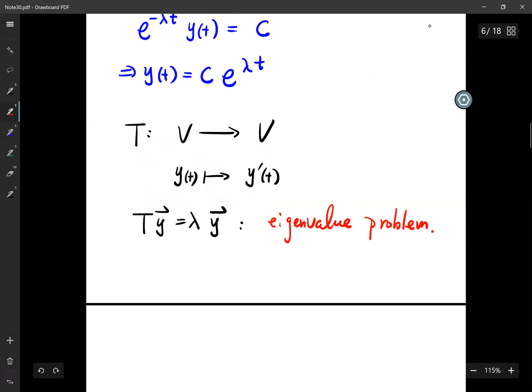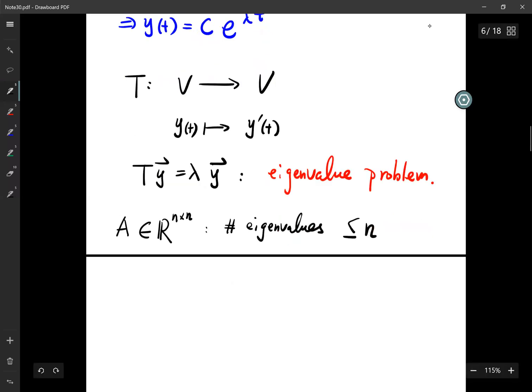As you recall, in chapter 5, for a given n by n matrix A, the number of eigenvalues would be smaller than or equal to n, even if you count multiplicity.